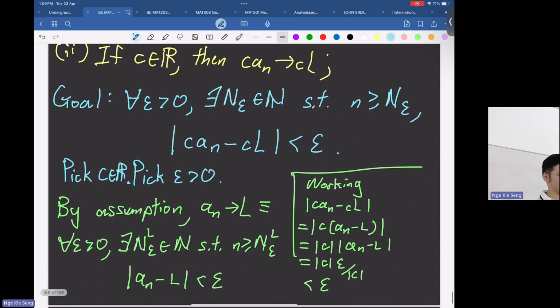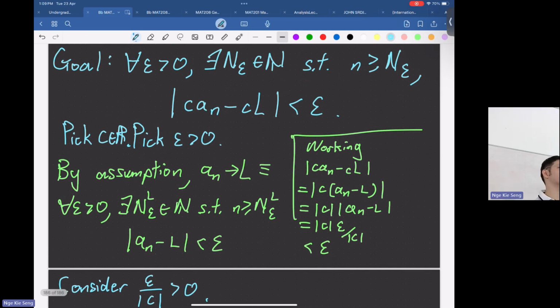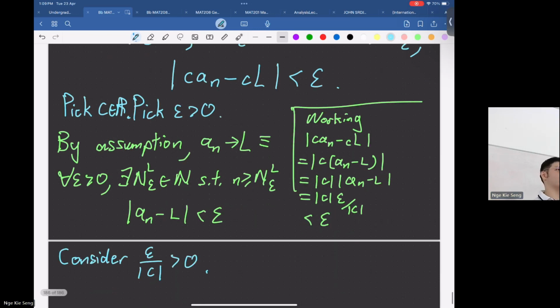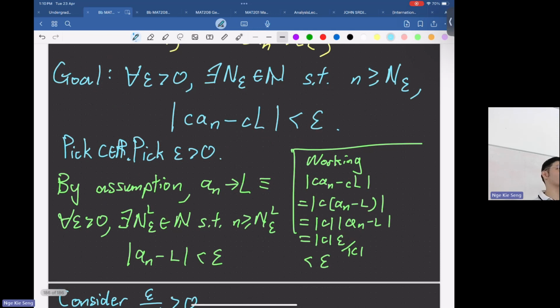Is there any problem here or not? This C is living in the reals, and 0 is real. Can I divide epsilon by 0? No. So is this statement false already?